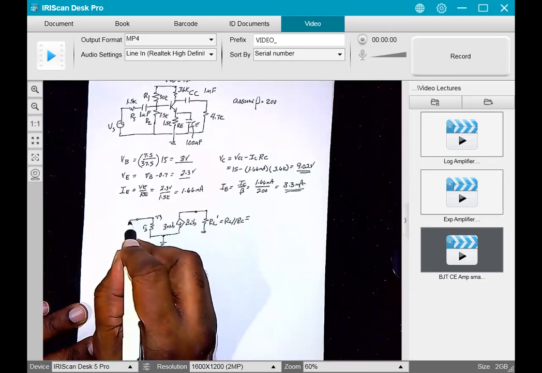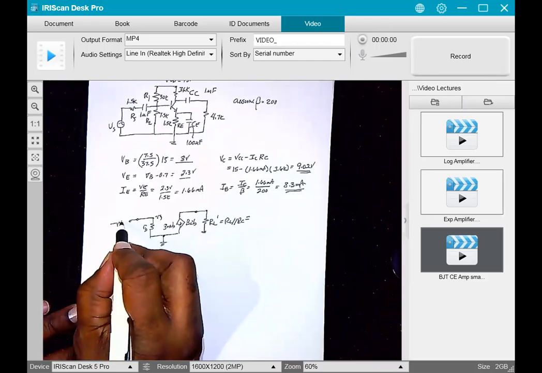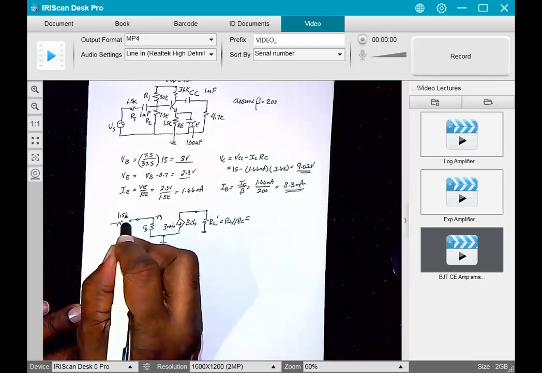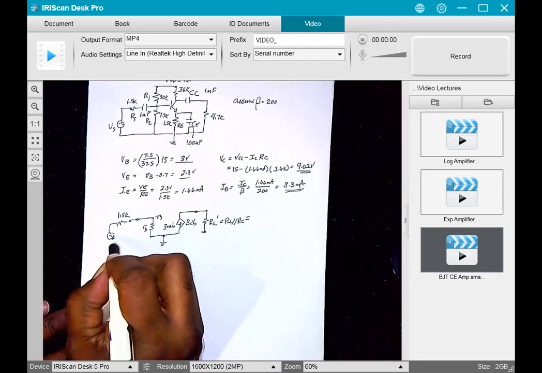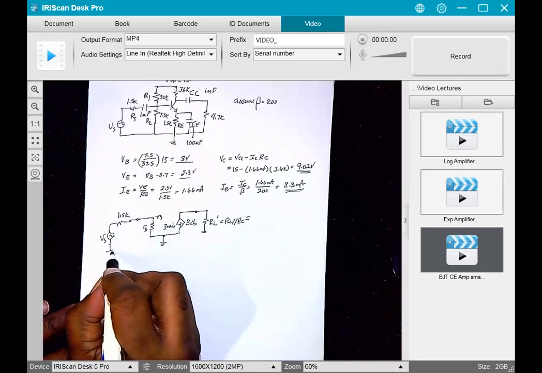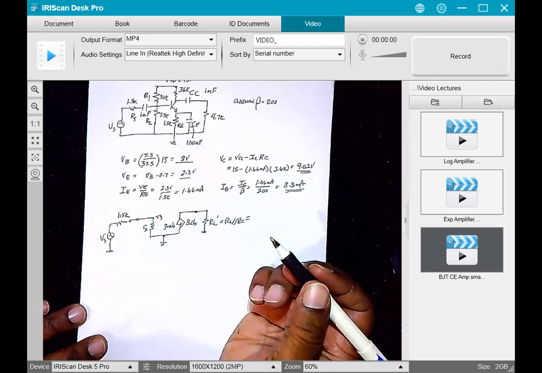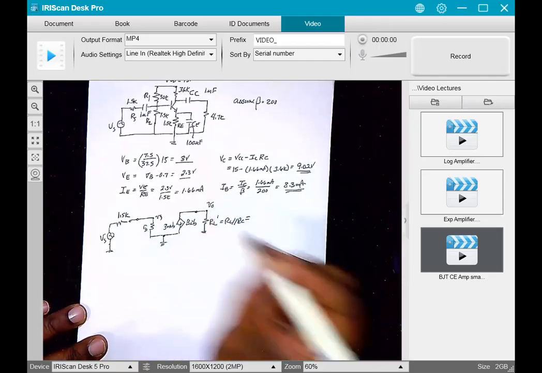Over here we have a short for our capacitor, 1.5K, our signal source. Here's our output node.